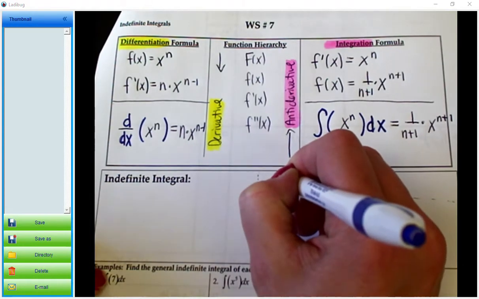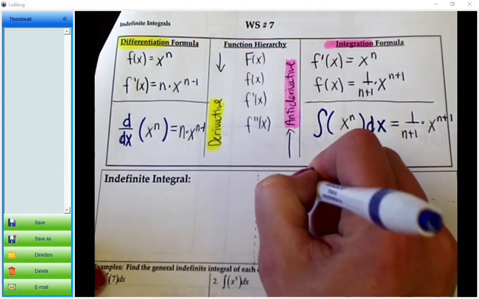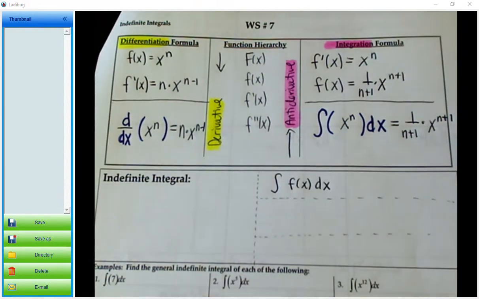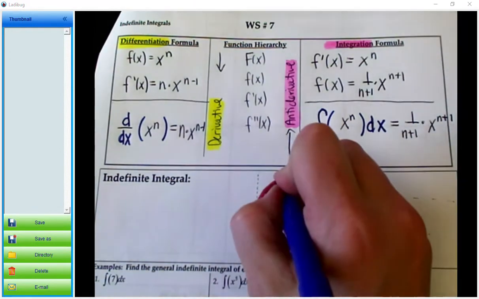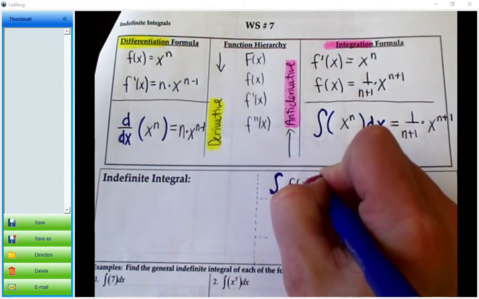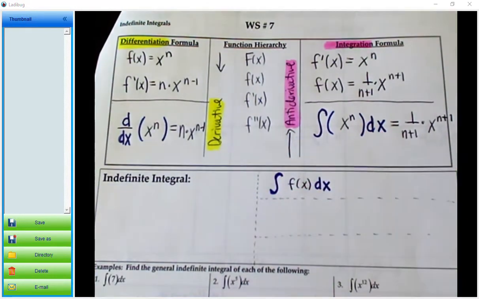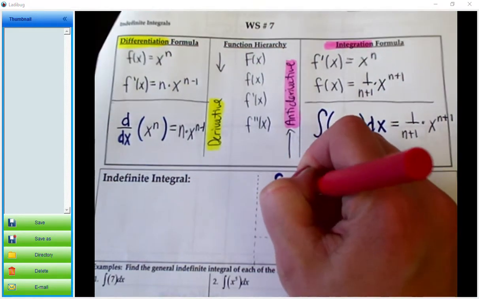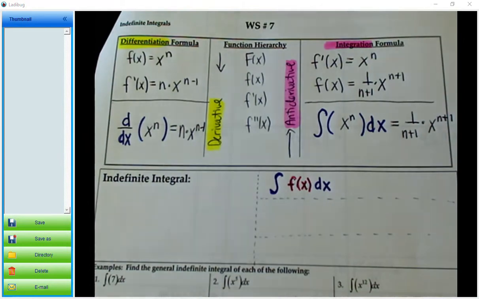Integral f of x dx. Now I'm going to bold part of this. The integral and the dx go together. Like, you can't have one without the other. Those are the bookends. The part in the middle, that's the part you're actually doing the antiderivative of.